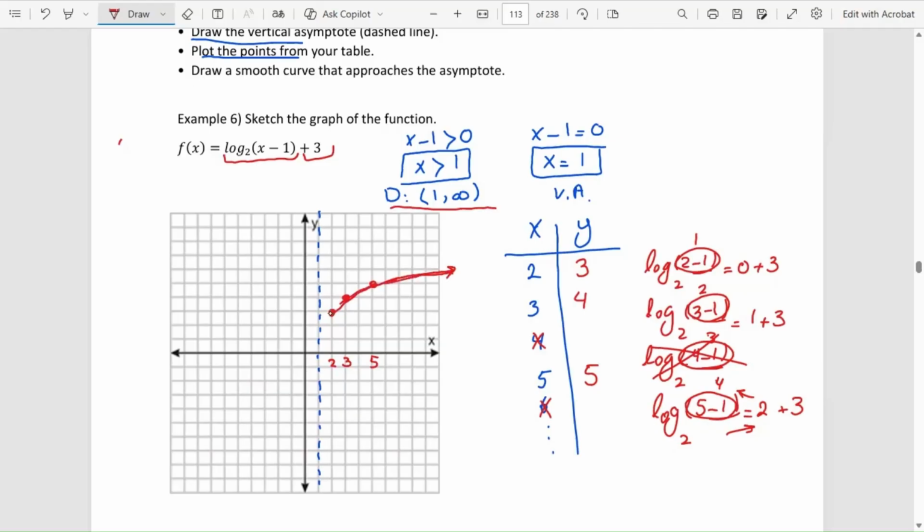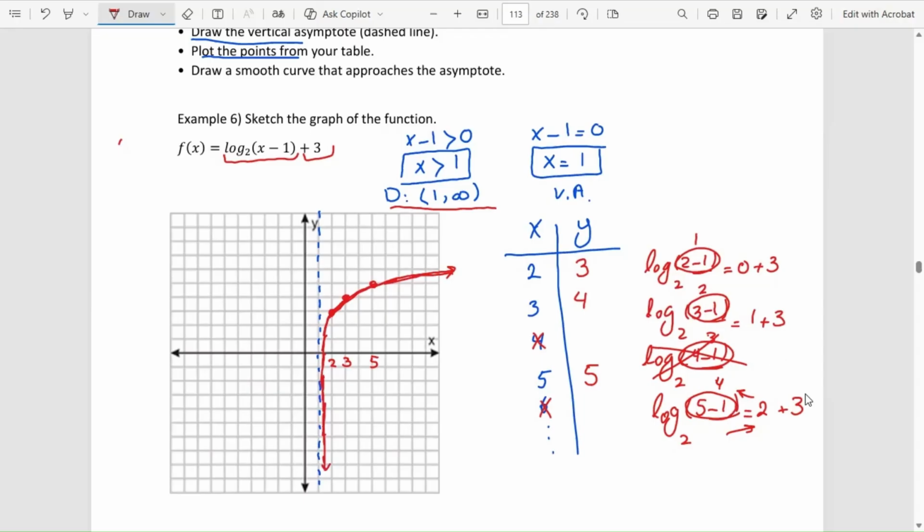But on this side, you know that we never cross the vertical asymptote. You get very close to this line, but not cross or touch this line. And this is the graph of a logarithmic function.